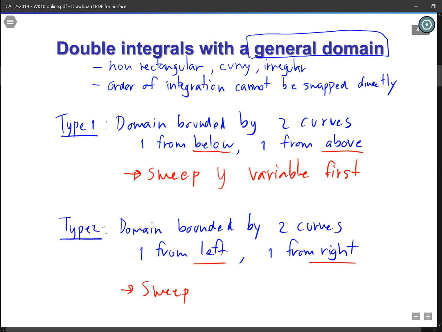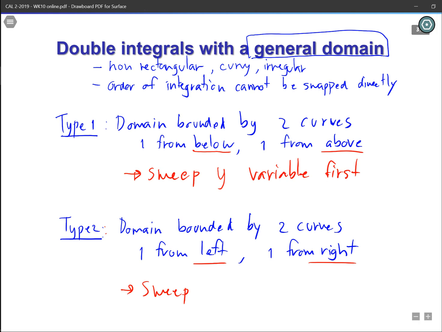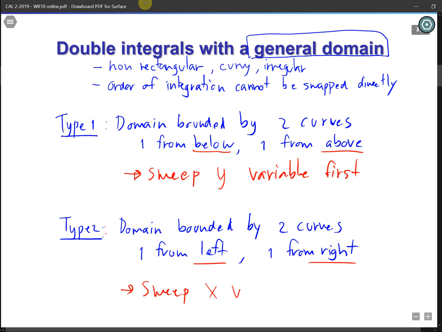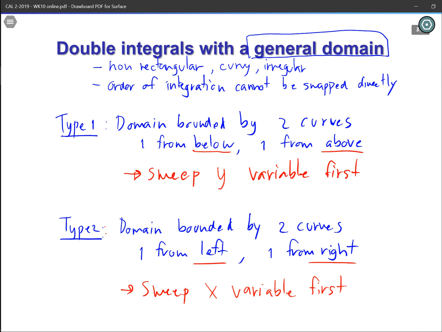And for type 2, you are going to sweep the x variable first. Okay, at this point it might not make sense, but let's take a look at some illustrations of why type 1 requires you to sweep y and why type 2 requires you to sweep x.